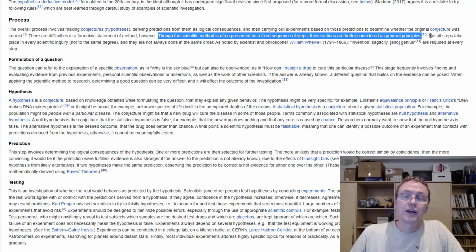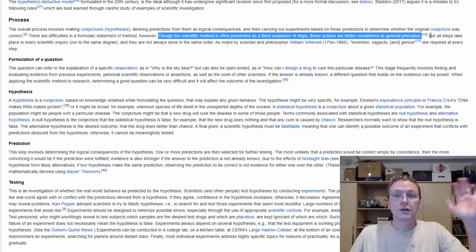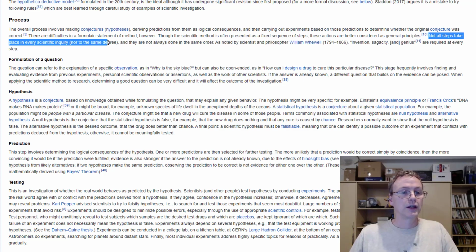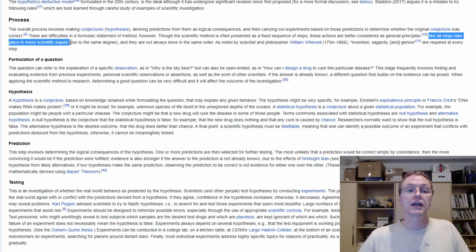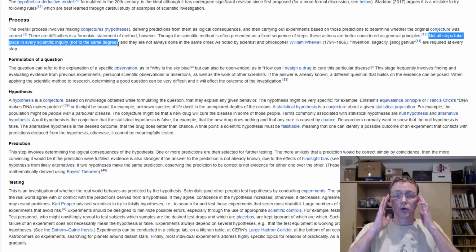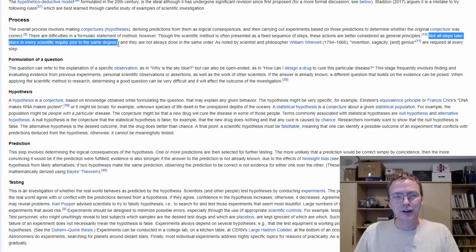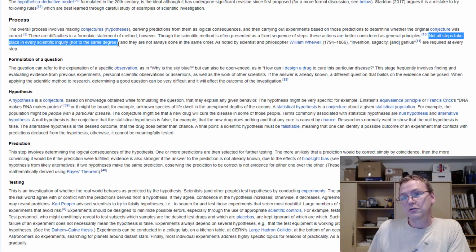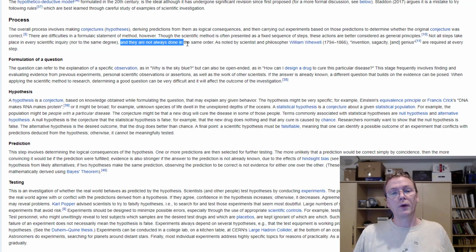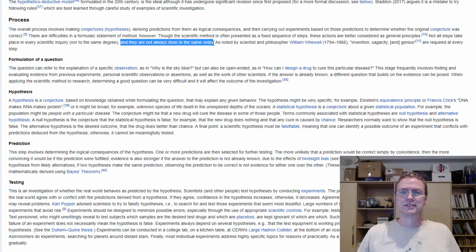Note, citations, they're right here. Go follow them for yourself. Not all steps take place in every scientific inquiry, nor to the same degree. Right? So some types of scientific inquiry use certain steps, and others don't use those steps. And they are not always done in the same order.